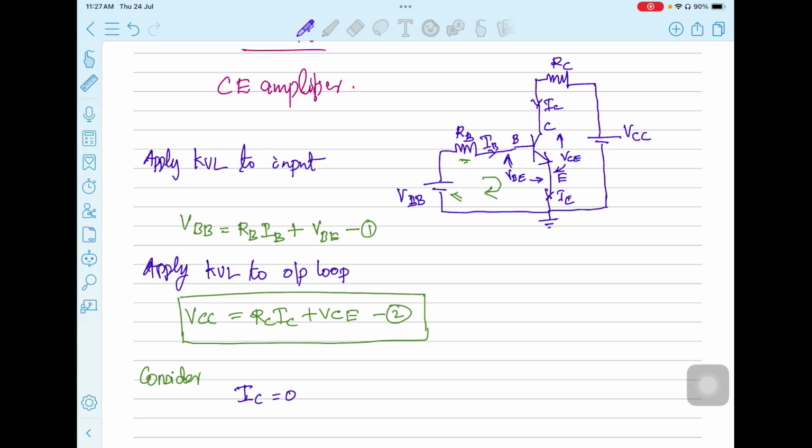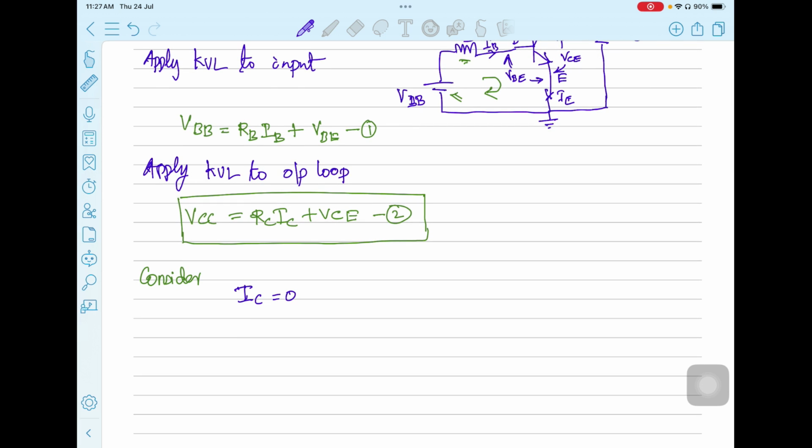This is the first condition. When IC is equal to 0, in equation 2 we will apply this condition. When I give IC equal to 0, you will get VCC is equal to VCE. This is the one point you are getting.